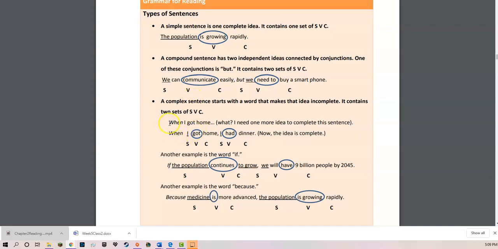My first idea is like this: when I go home. Is this a complete idea? No. It's not a complete idea. I need another one to complete this idea. So when I got home, I had dinner. Now the idea is complete. Only when I got home was not complete.